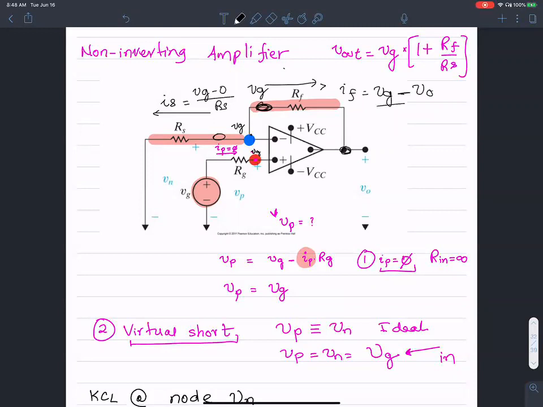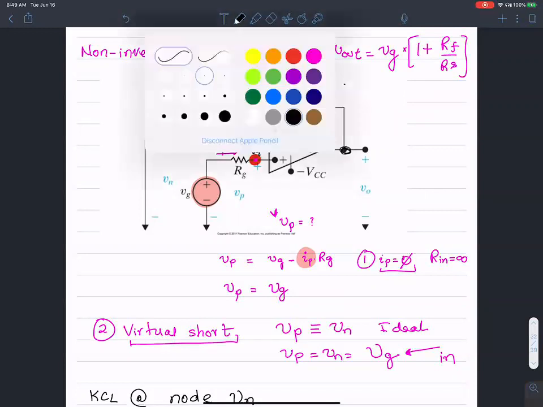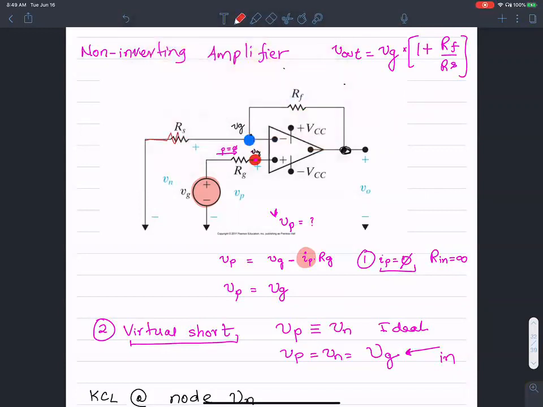Professor, one thing. How did you get VG minus 0? Yes. So I'm interested in finding the current through this resistance, right? So through this resistance in this direction, that is what I called IS, right?